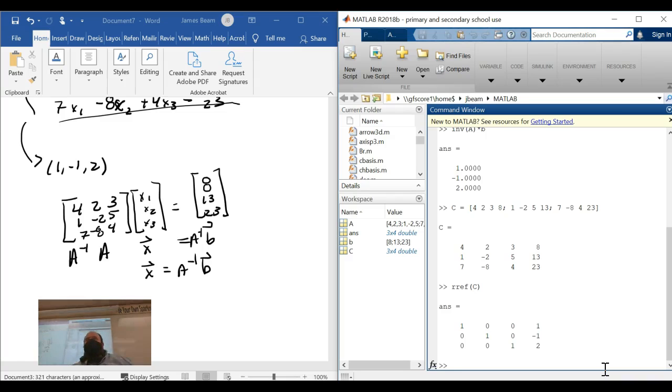Why even mess with the inverse at all, right? And here's what's happening in the world of, what's it called?